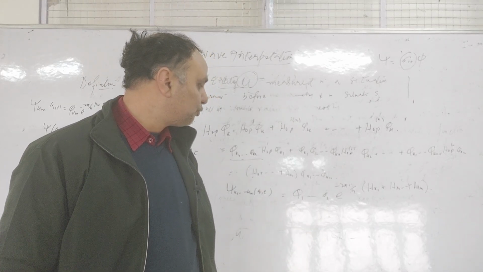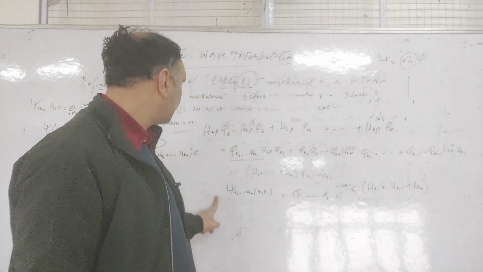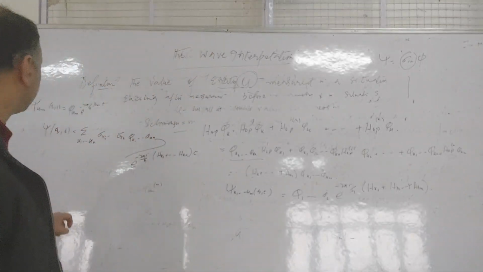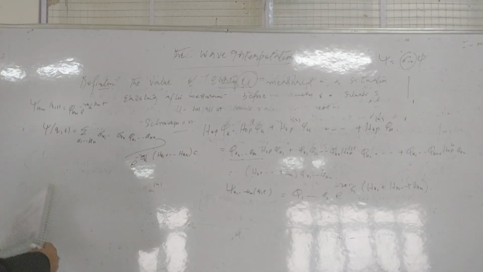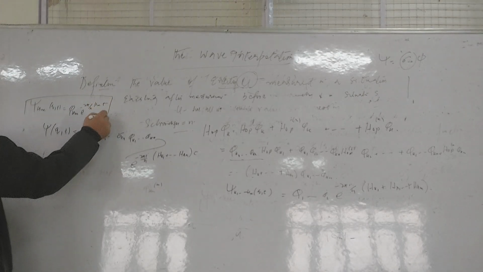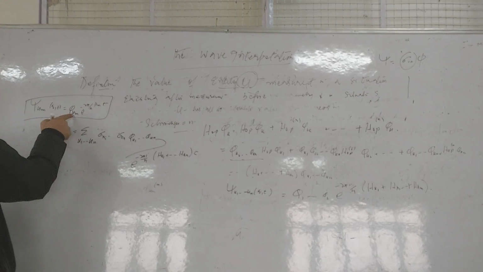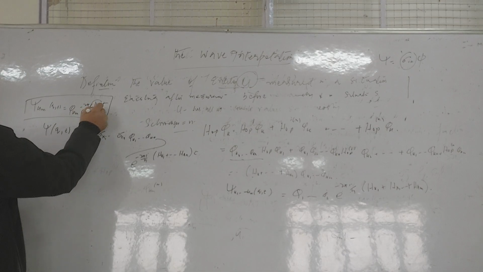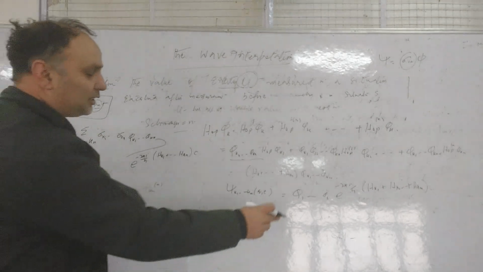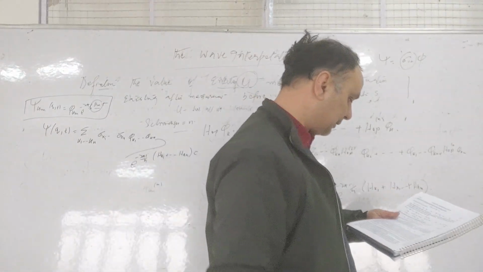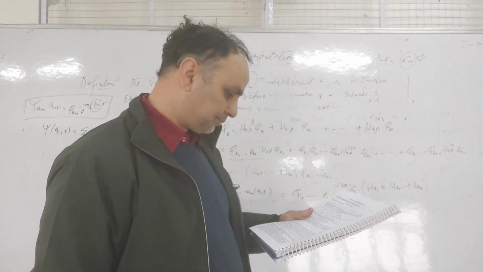And further, if we represent psi like this, psi is Hamiltonian. So these can be different Hamiltonians, h1, h2, h3, and so forth.